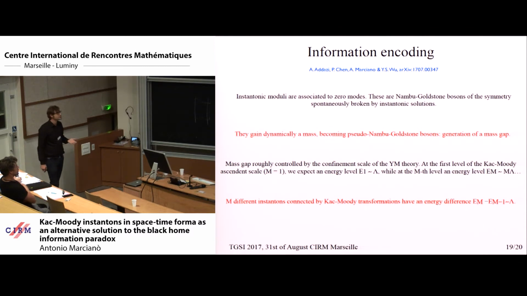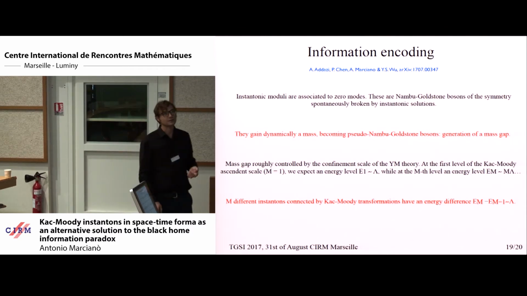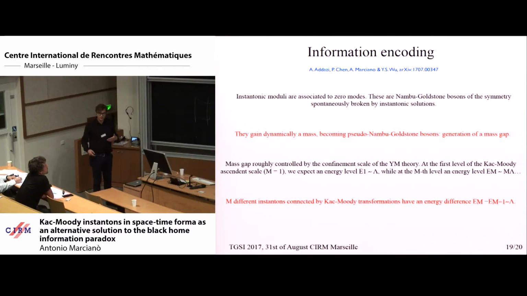These zero modes are nothing but Nambu-Goldstone bosons of these symmetries. But the symmetries can be spontaneously or dynamically broken by the instantonic solution itself, because they interact with each other. And these interactions generate a mass, which is a mass gap.